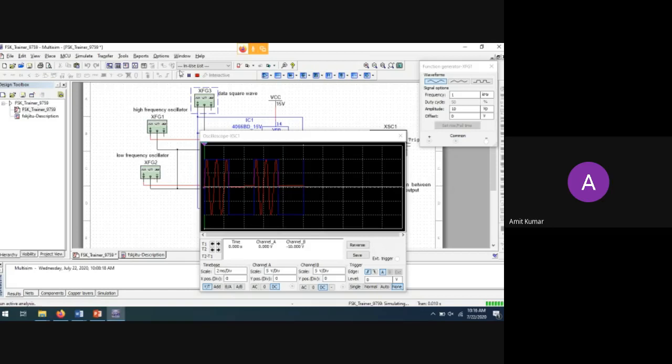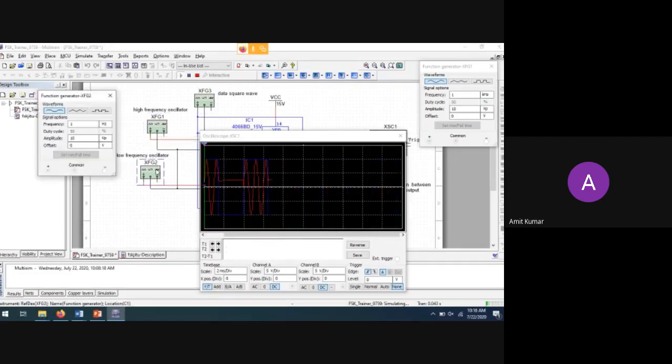So for 0, you are not able to see anything because the frequency is 1 hertz. You just need to increase that frequency so that you can see that output. So you place it 100.